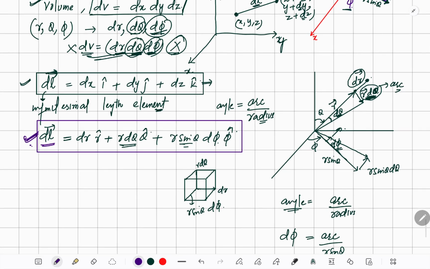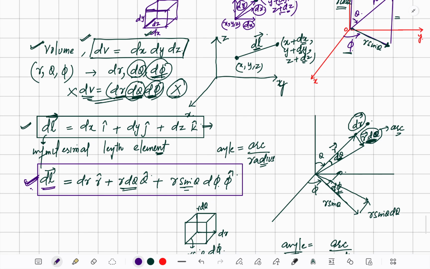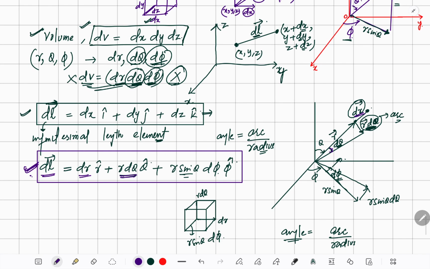So basically, we moved in spherical polar coordinates in such a way that we covered dr, because dr is simply length. But d theta is not length, and we have to find the volume finally. So r d theta is actually length. And similarly, this is r sine theta. We move d phi here. So this much is r sine theta d phi in phi cap direction.